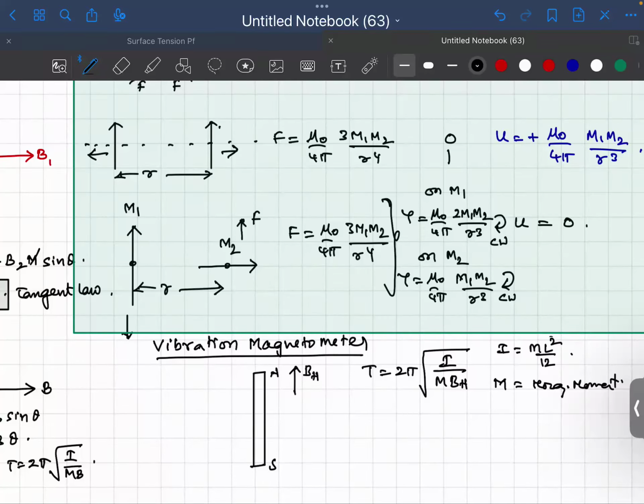Wherever you are standing, you will face 2 components of the Earth's magnetic field: one horizontal component, and two, a vertical component. So our needle responds to only the horizontal component. That is the reason why all compass boxes fail at the poles.